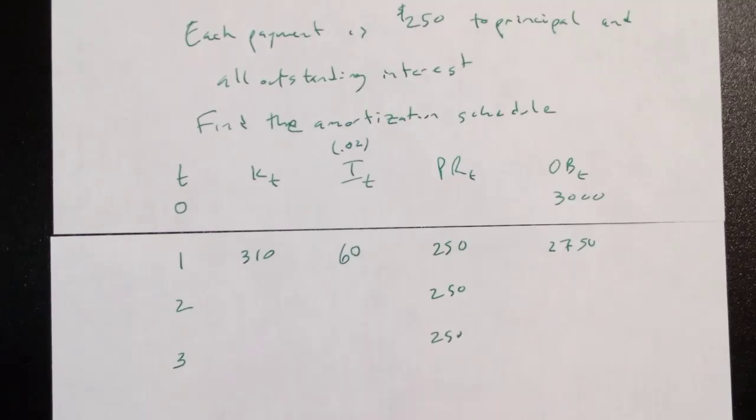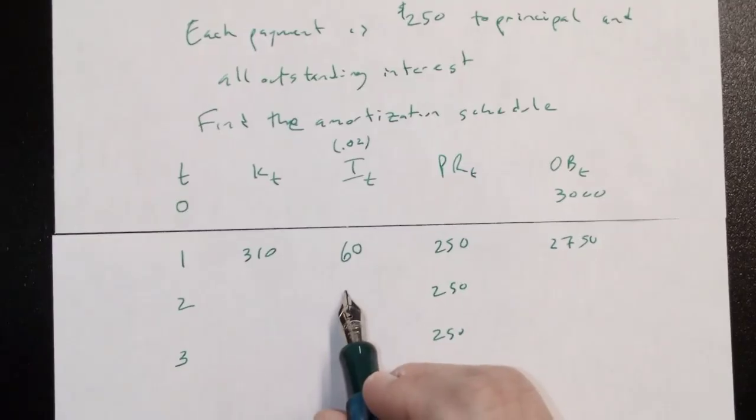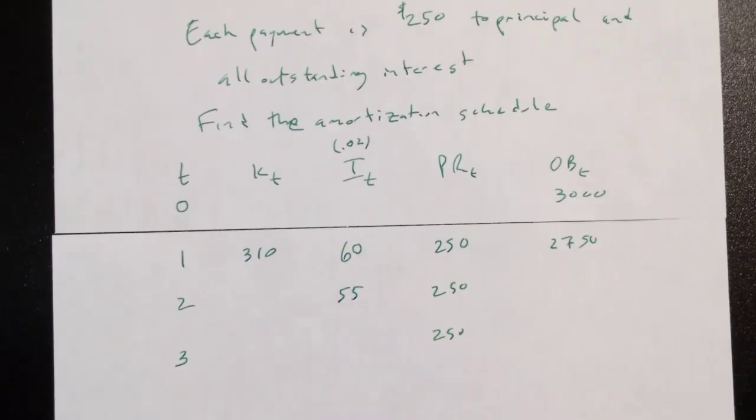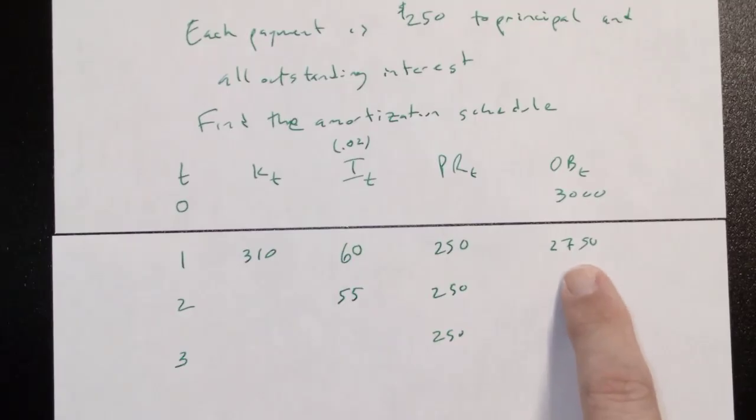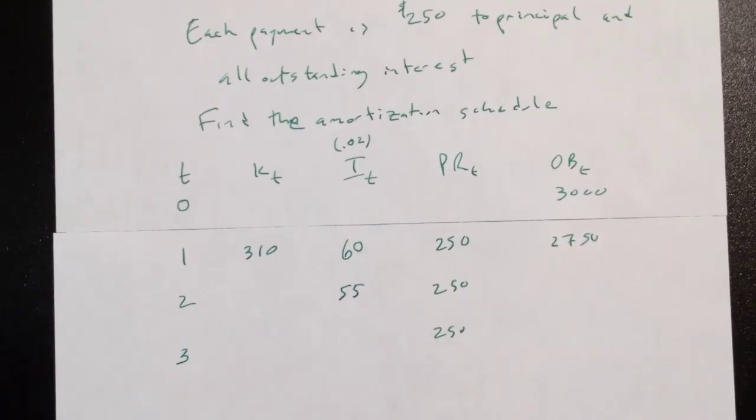What's the interest in the second payment? It should go down by 2% of $250, which is $5.